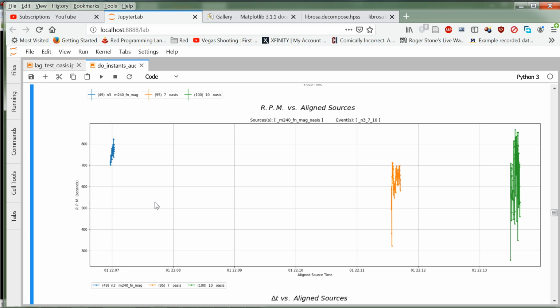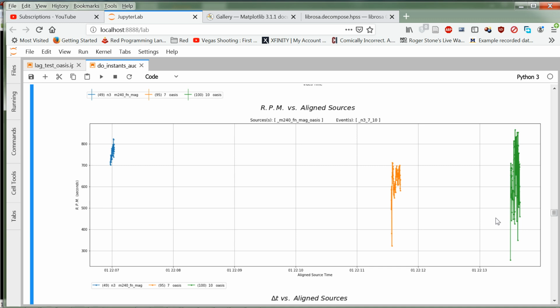So if we convert it to an RPM plot, and plot them all on the same one, this blue one over here is the 240, and you can see that it varies by just about 100, from 700 to 800. Volley 7, the orange, has a low of 300 and a high of a little over 700, a spread of 400, but only for the first few, and then the rest of them have about 150 RPM variation.